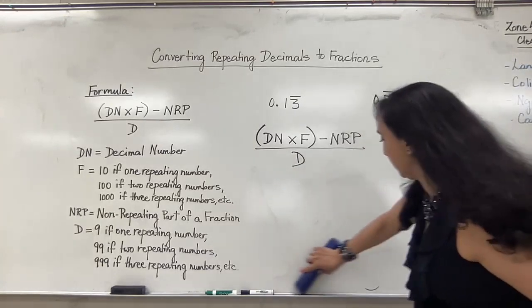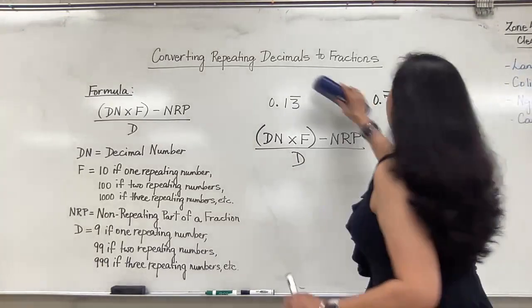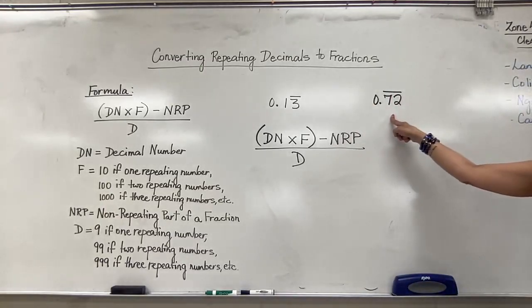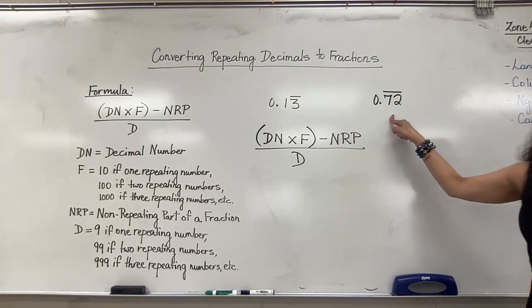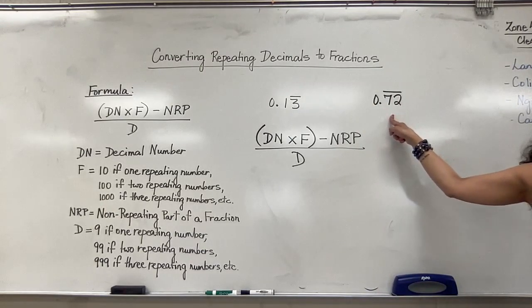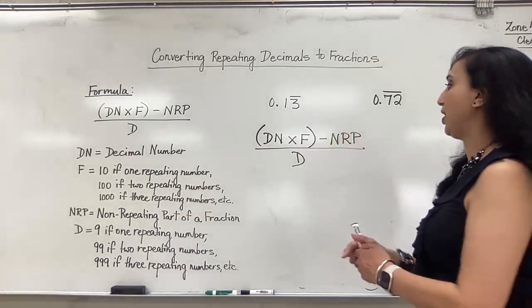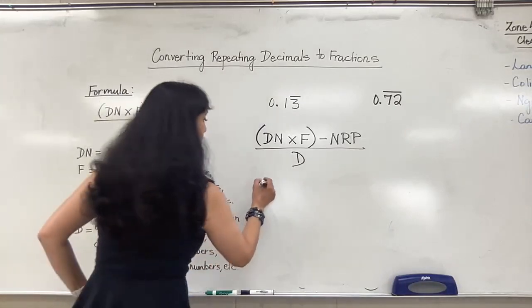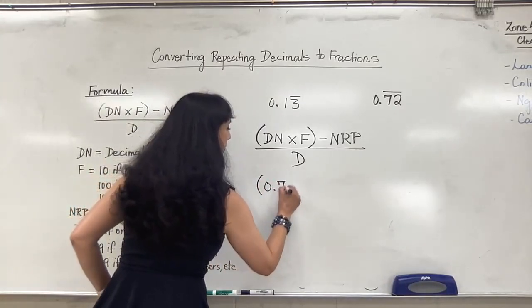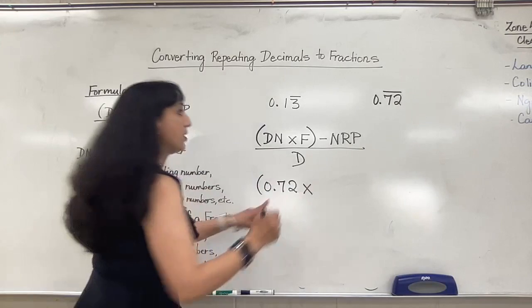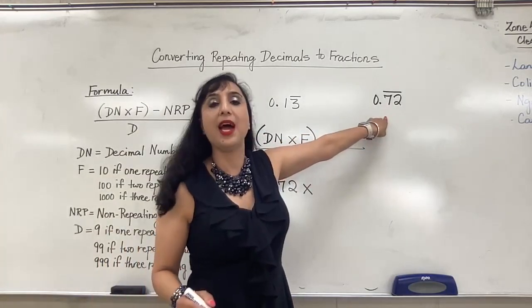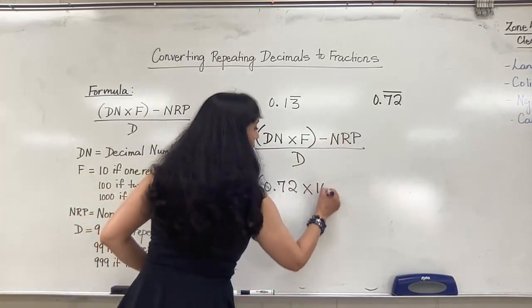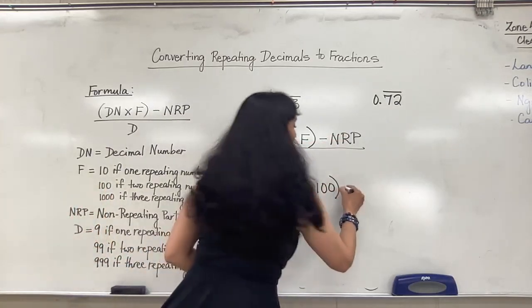So now we are taking this number, 7200. Both the digits are repeating over here. My decimal number here is 7200, times, since there are two numbers repeating, 100.